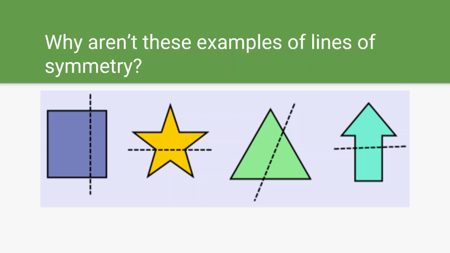Now that we know that a line of symmetry splits the shape in half to make both sides the same shape and same size, we're going to look at these shapes. Why aren't these examples of lines of symmetry?